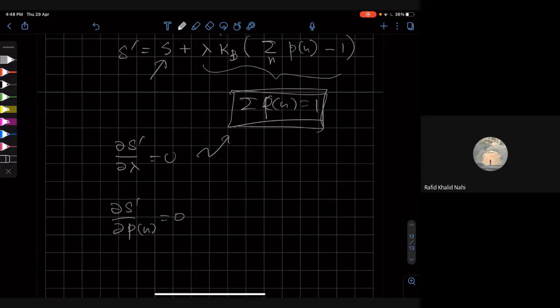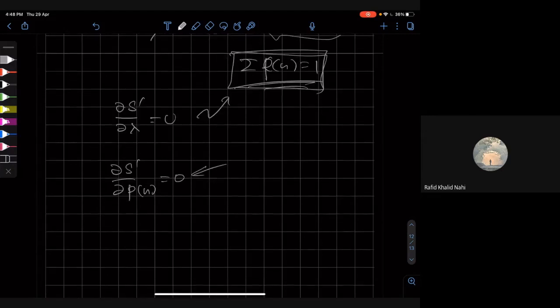And what we do is that we then use this constraint in this equation, and then we get an expression for P_n. In this case, it's going to be some constant like this. Sorry, this should be lambda. Yeah, I think this should be lambda.